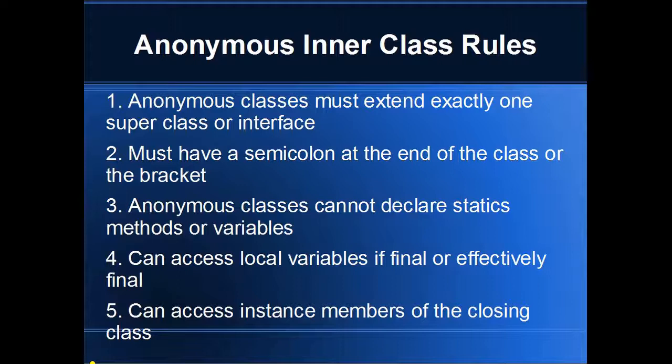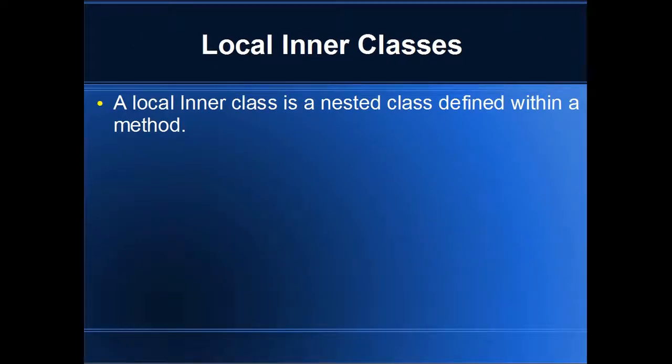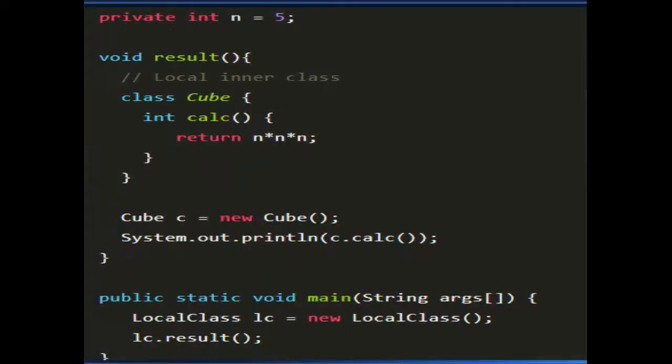Alright guys, now we're going to go into local inner class. A local inner class is a nested class defined within a method. So it's a class within a method. It's like a member class within a method. As you can see, this is an example of a local inner class. The local inner class is cube.